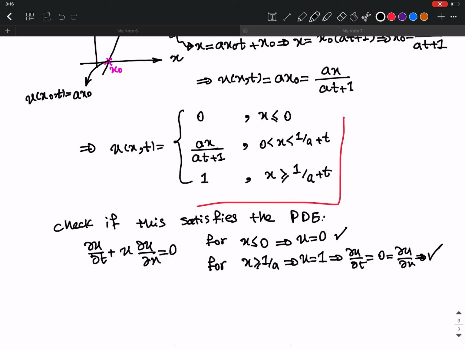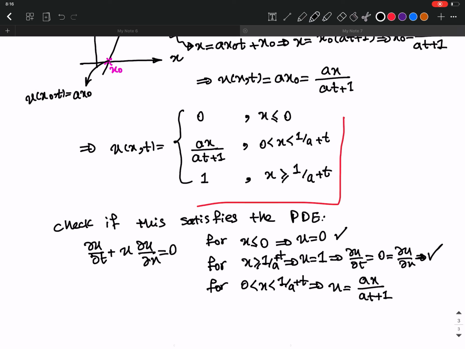And in between, when x is between 0 and 1 over a, sorry, this is 1 over a plus t. Let me correct it. 1 over a plus t, and this is also 1 over a plus t, then u is going to be a x over (at plus 1).